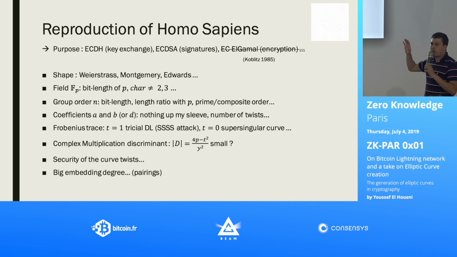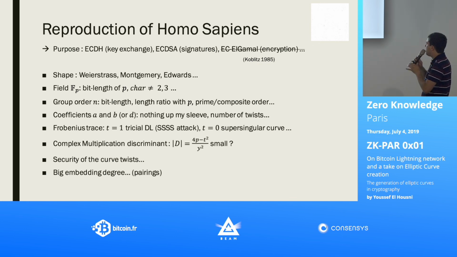But let's remember that the first paper that introduced elliptic curves in cryptography was by Koblitz, and it was more about encryption. But we do not use encryption. If you Google encryption with elliptic curves, you will find some hybrid constructions with elliptic curves. You just create some secret with ECDH, and then you use some symmetric cipher.